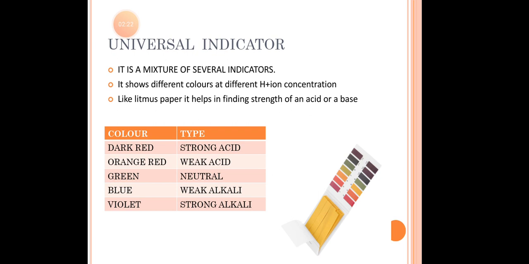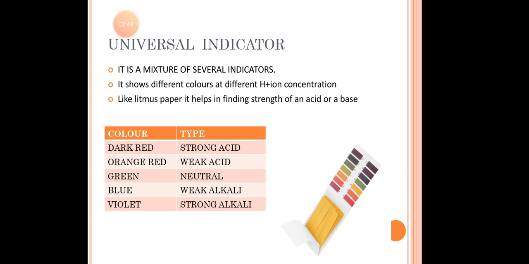Like how we use blue litmus paper or red litmus paper, we can also use this universal indicator to find out the strength of the given acid or base. It is used to find out the strength, which means the hydrogen ion concentration.